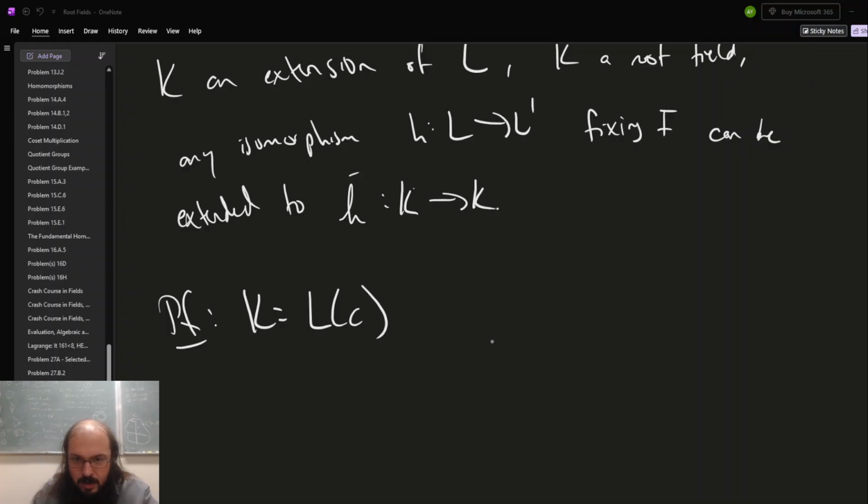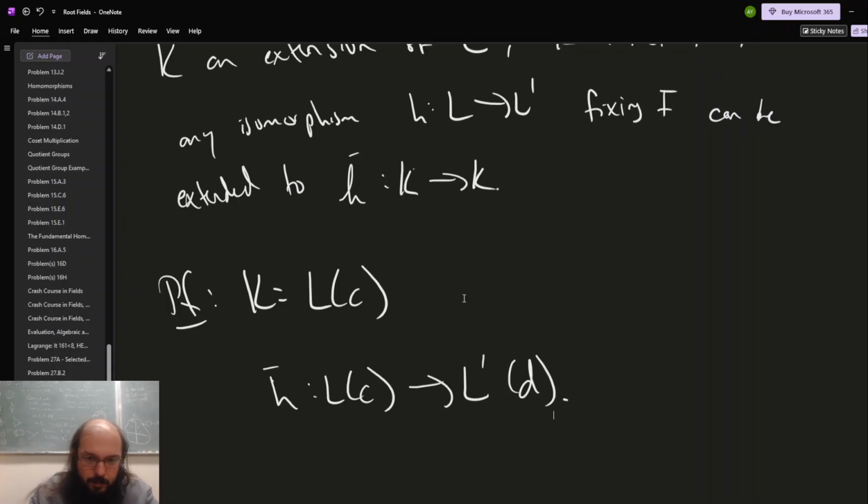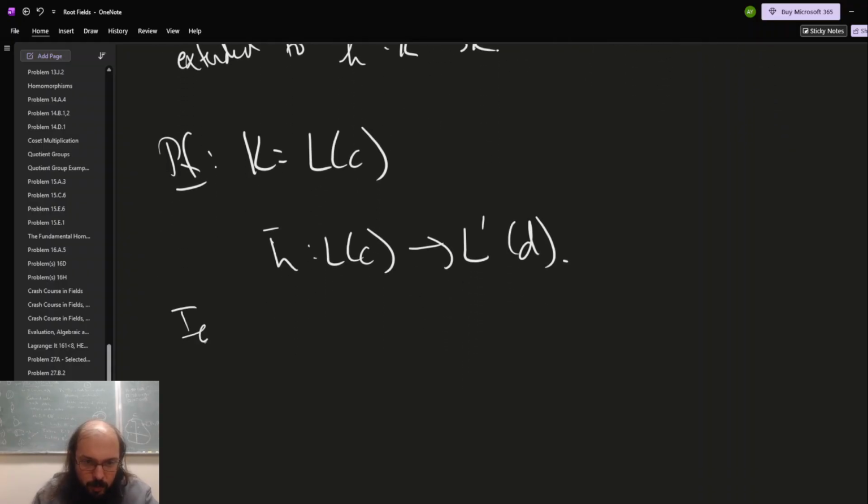We extend that to an isomorphism h bar, L(c) to some L prime(d). But now, because of the previous theorem, we're done, right? The previous theorem says that we can identify K with K prime. So we declare victory.